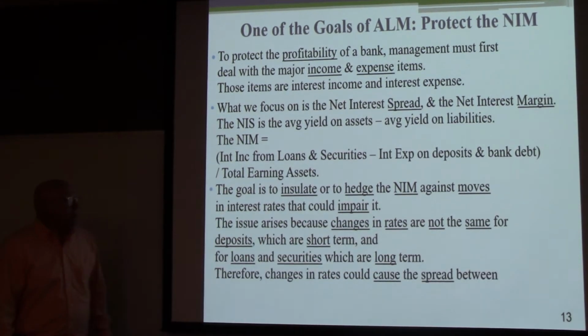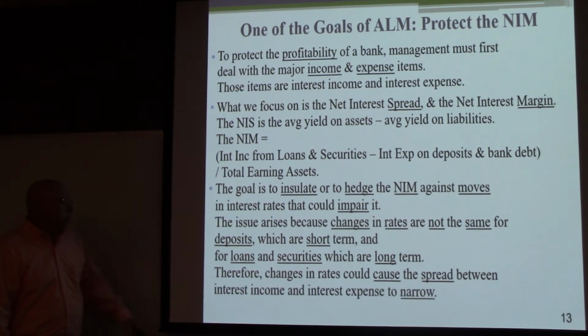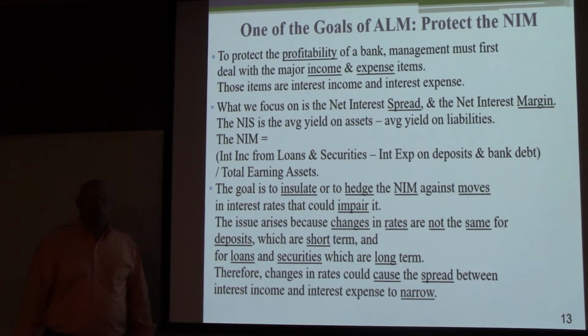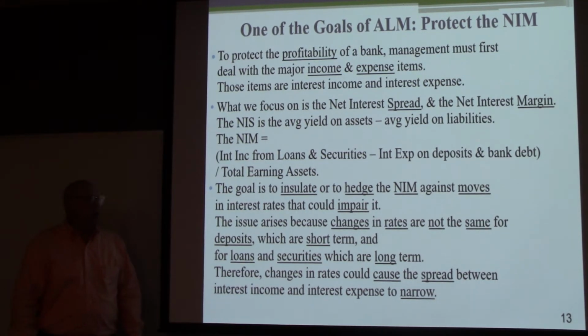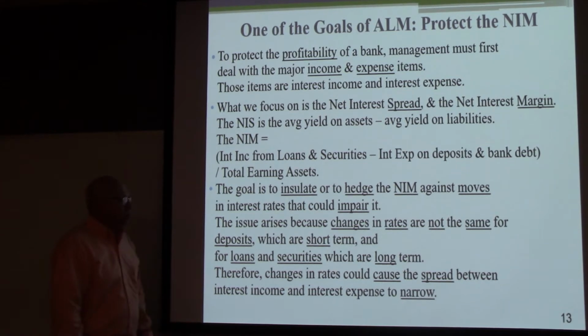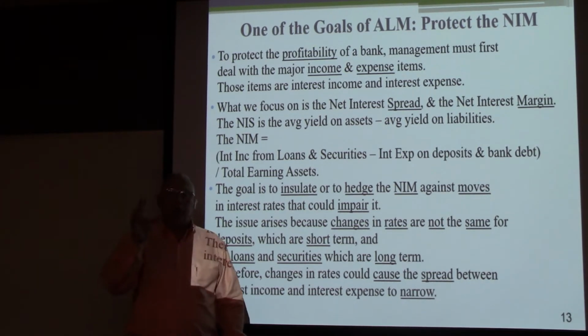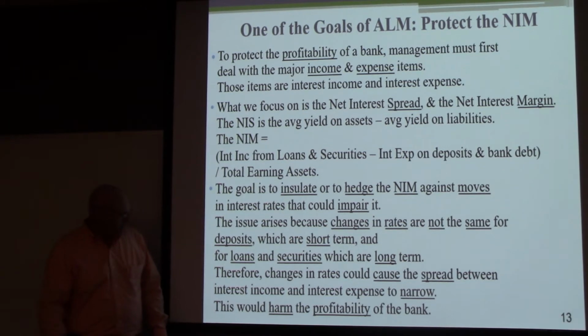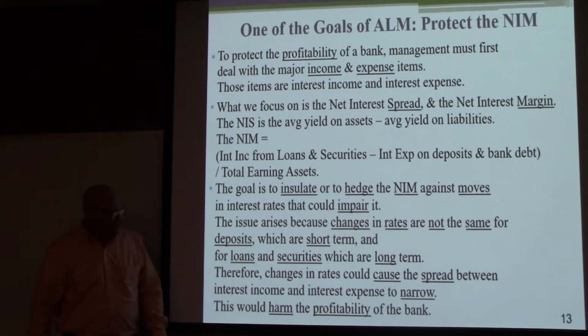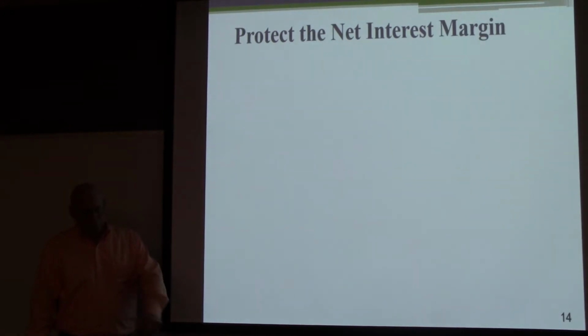So changes in rates could cause the spread between interest income and interest expense to narrow. And that is what we're trying to protect against, a narrowing of the net interest margin. That's how we protect the income statement. That's how we protect the profitability of a bank managing the spread or the margin. And that would harm the profitability of a bank.